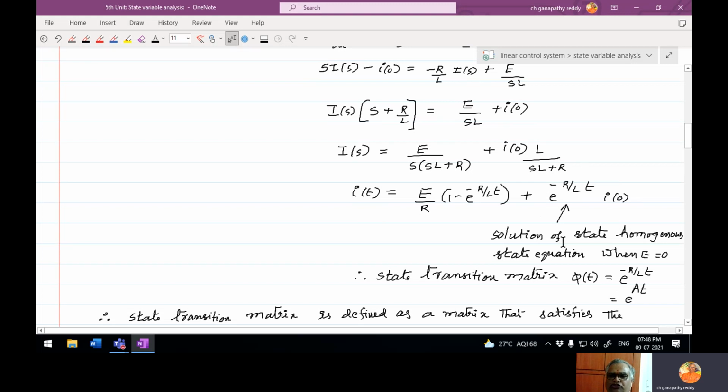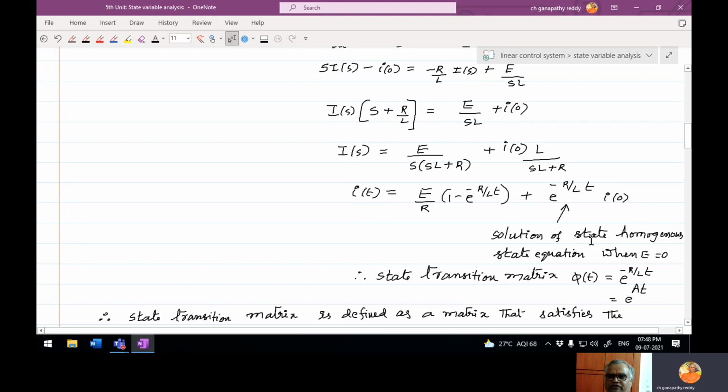That is the solution of the homogeneous state equation. Homogeneous means in the absence of input. When we form a differential equation, when input is not there, whatever output we get is called the zero input response. Zero input response is also called the homogeneous state equation solution.